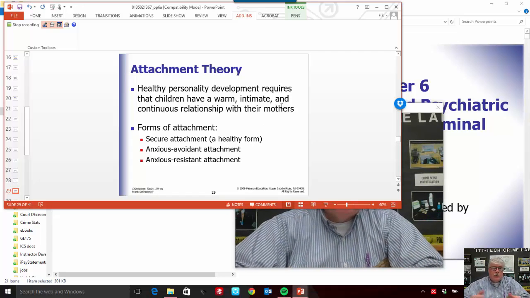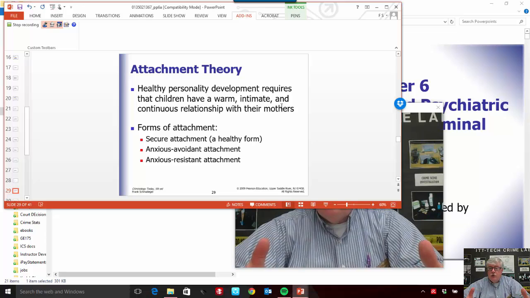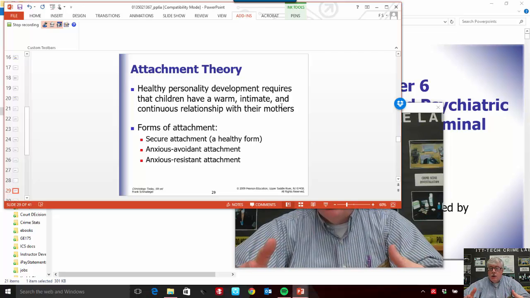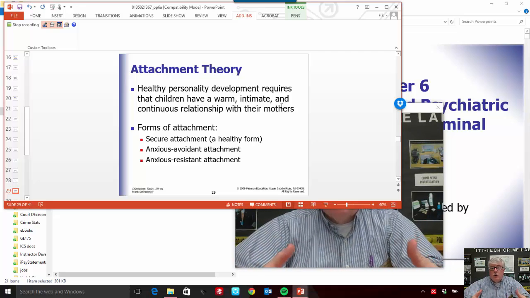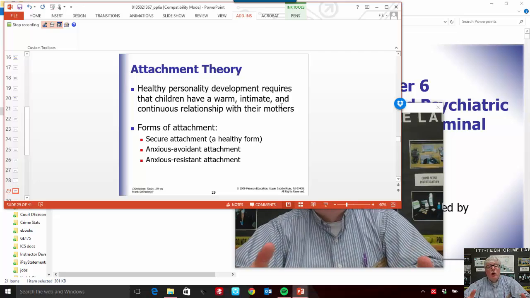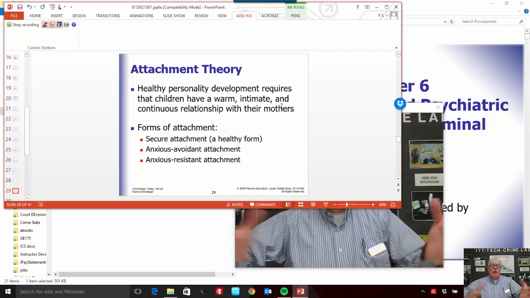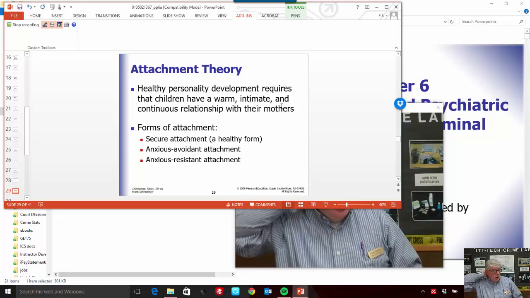Attachment theory. There are those that believe that our behavior is a result of the attachments that we formed as children. So most of us, hopefully, had secure attachment, a healthy form of attachment. We got along well with our parents, our mothers. We had a good relationship.